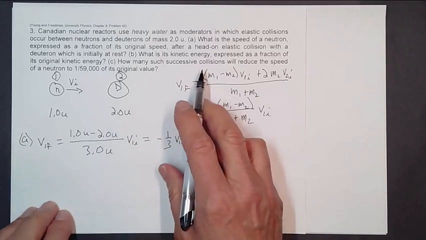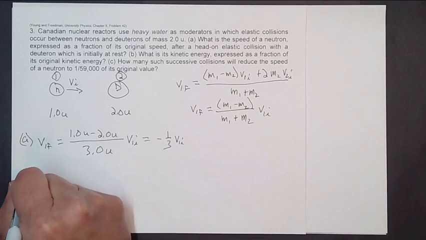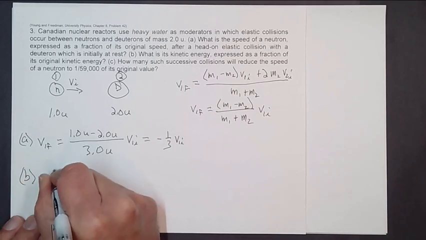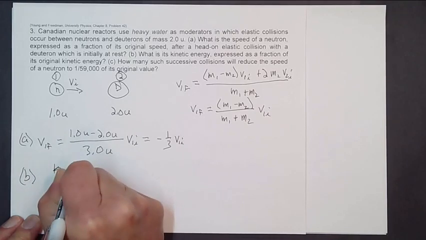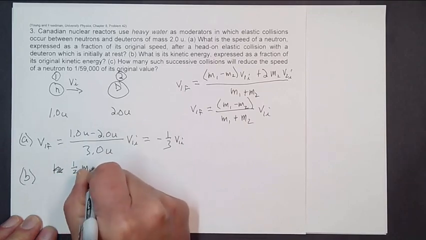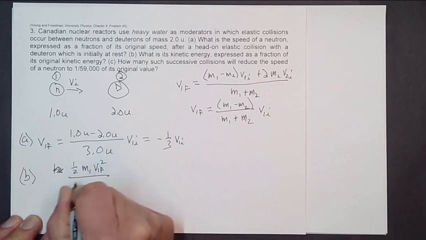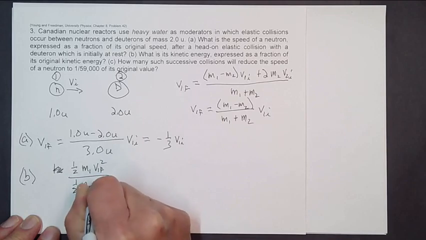Now, what about its kinetic energy expressed as a fraction of its initial kinetic energy? Well, this would be 1/2 M1 V1 final squared divided by 1/2 M1 V1 initial squared.